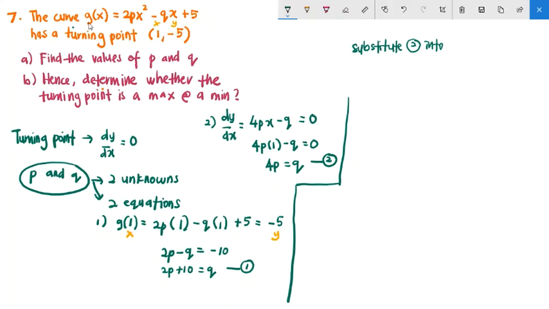It's a simultaneous equation, so solve the simultaneous equations. q is 4p, given 2p plus 10 is equal to q. Equate them: 2p plus 10 is equal to 4p.